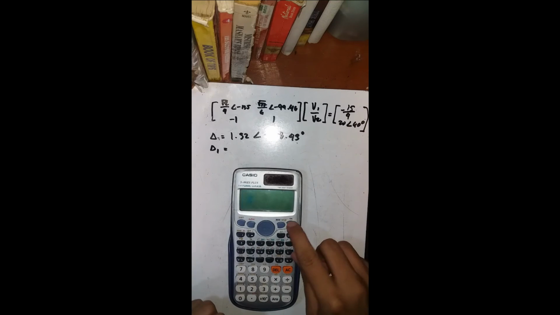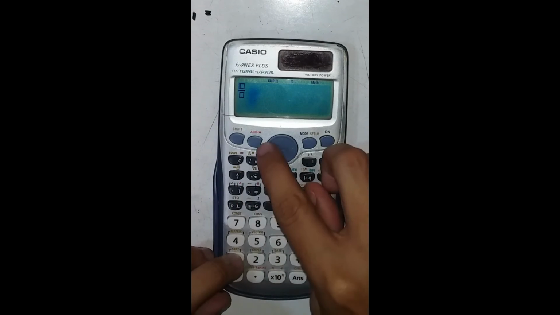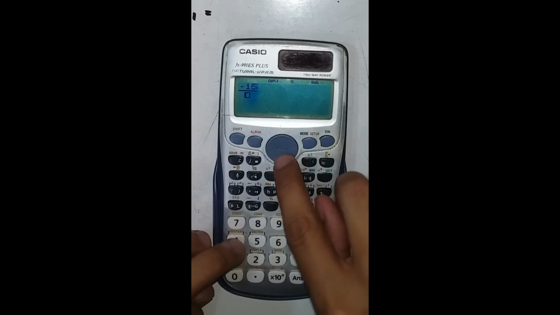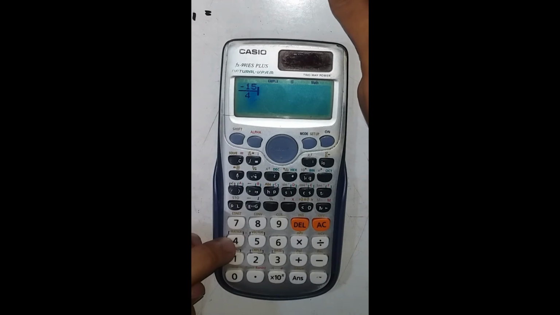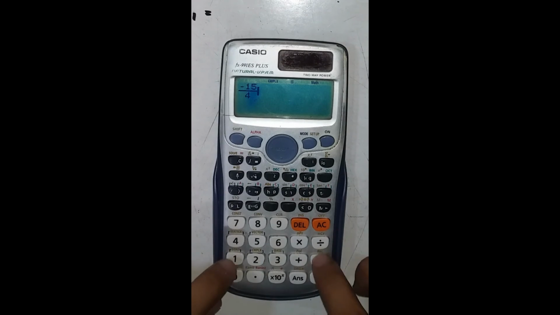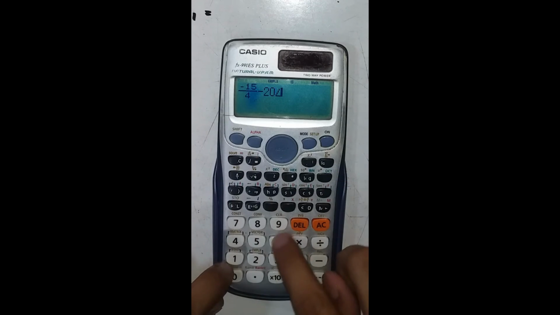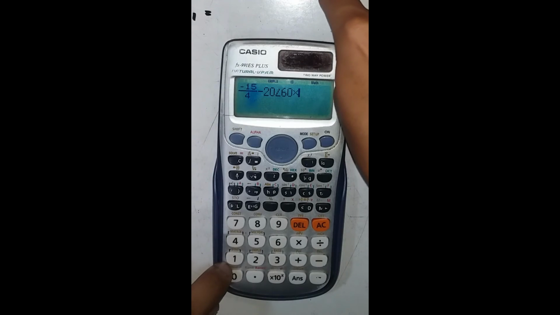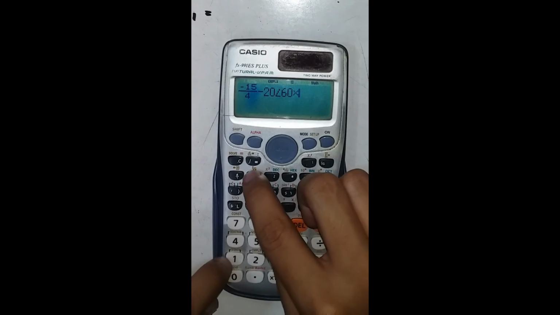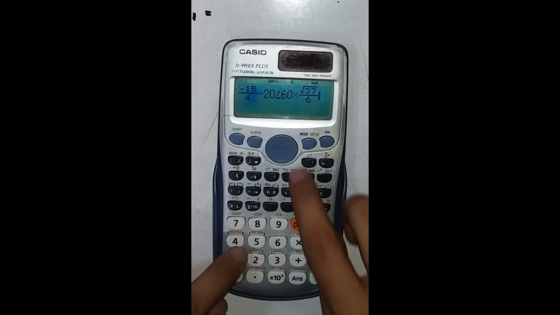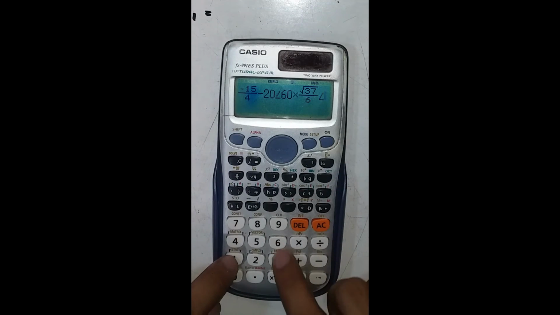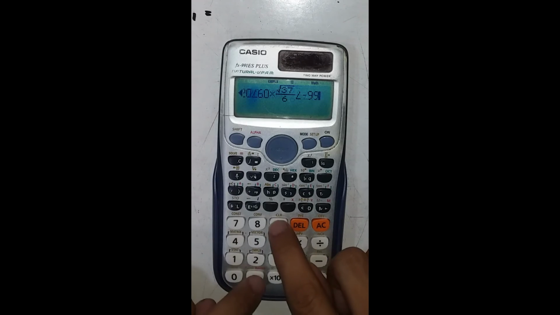So we have negative 15 over 4 times your 1, then minus your 20 angle of 60 times the square root of 37 over 6 angle of negative 99.46.